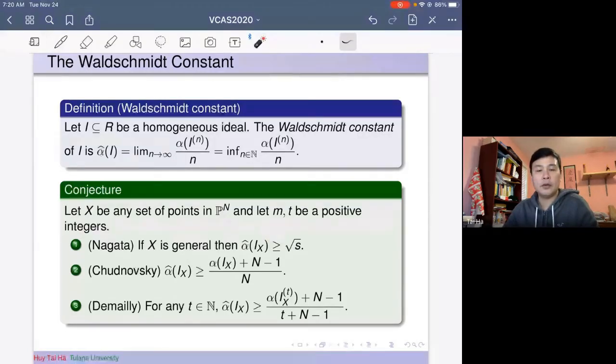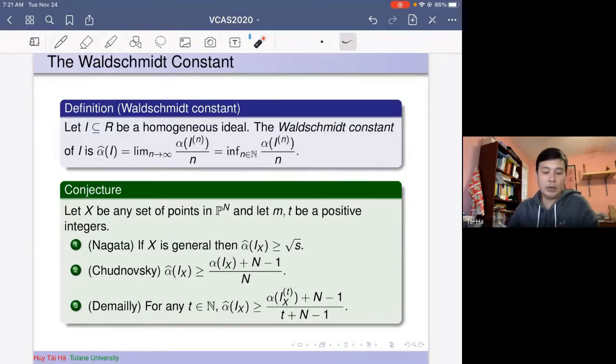So Nagata's conjecture is that when X is general, one indeed has equality. And Chudnovsky's conjecture says that the Waldschmidt constant is bounded below by this quantity, and Demailly just says that the Waldschmidt constant is bounded below by this quantity when you replace alpha of I_X by alpha of the t-th symbolic power of I_X.